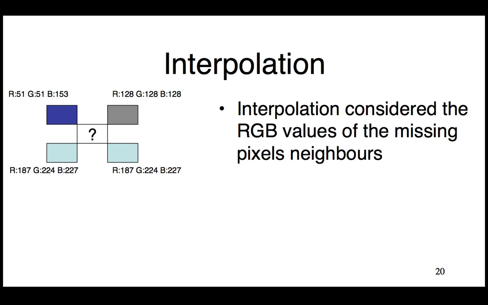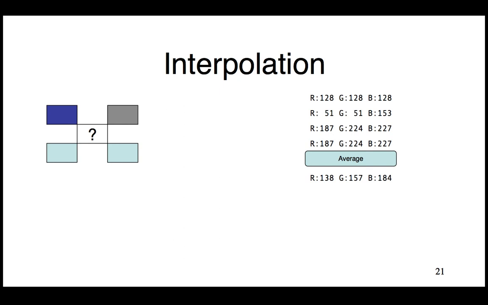So how do you think this might work? The average redness of those 4 pixels turns out to be 138. The average greenness turns out to be 157. And the average blueness turns out to be 184, I hope.